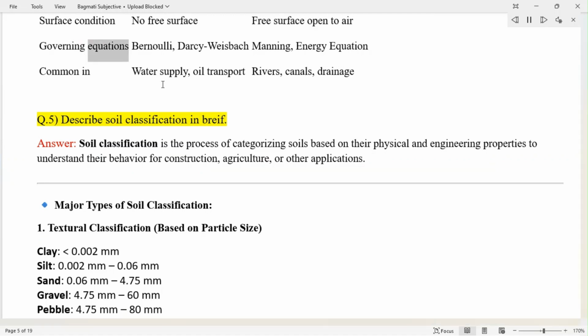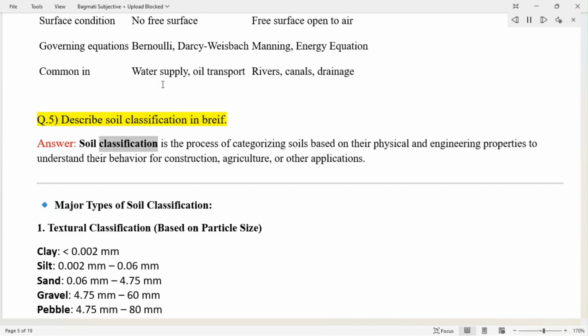Governing equations: Bernoulli, Darcy-Weisbach versus Manning, energy equation. Common in: water supply, oil transport versus rivers, canals, drainage.